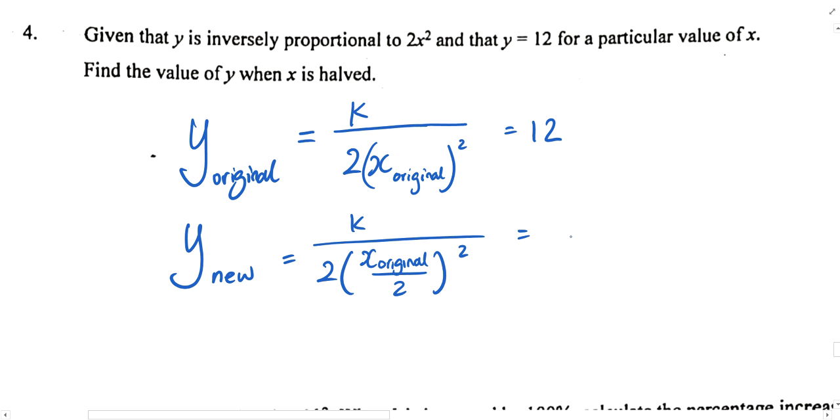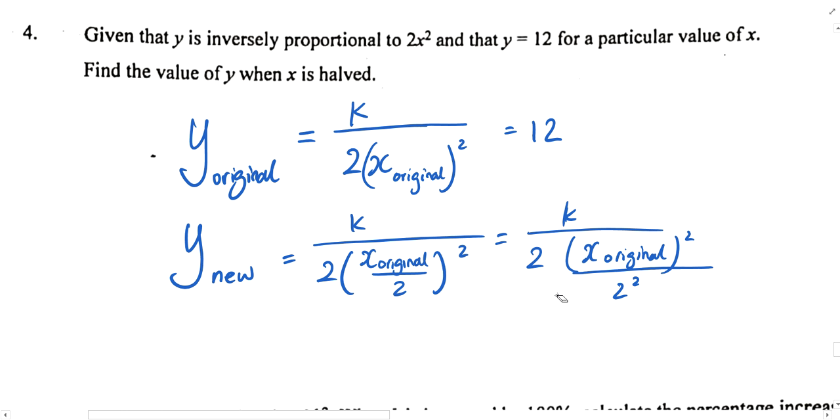So this gives me k over 2 x original, then this one, there's a square divided by 2 square. Am I right? Okay so far?